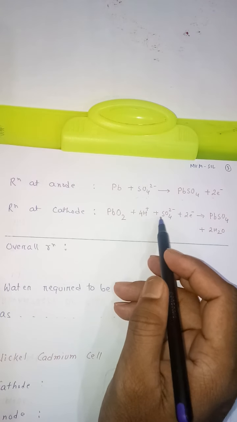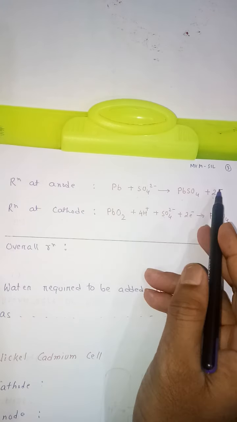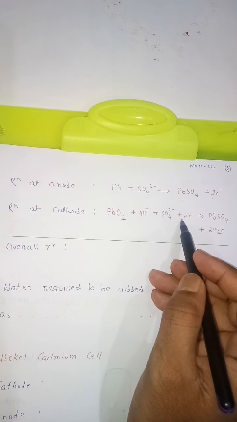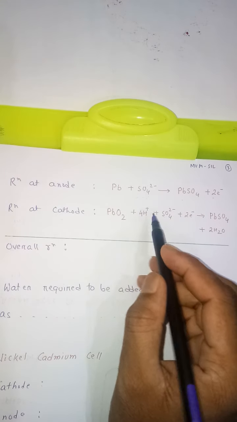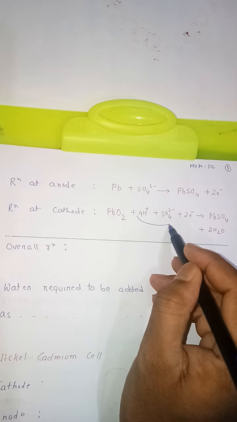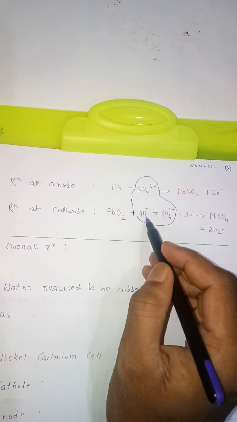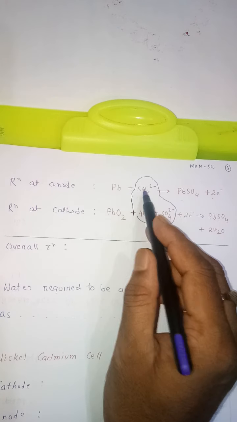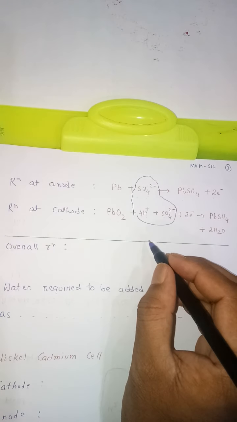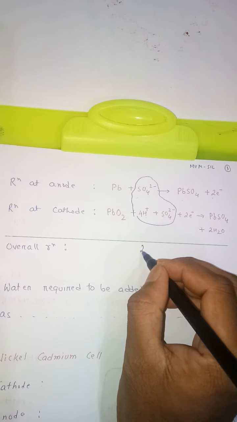PbO2, SO4 2-, 2 electrons got from the earlier equation, and 4H+. In total, students, if you go through these ions, 4 hydrogen and 2 SO4 give you 2H2SO4.